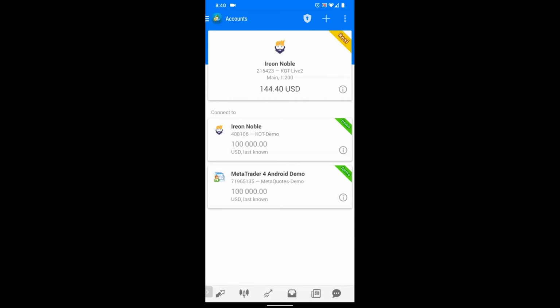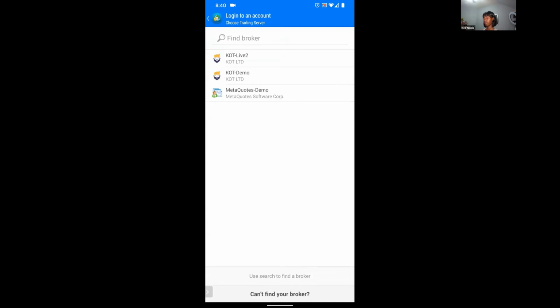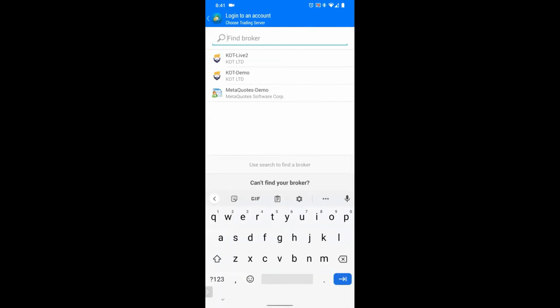So you go to manage accounts. Right. And then you go to the plus sign. Open an account, no, you log into an existing account.